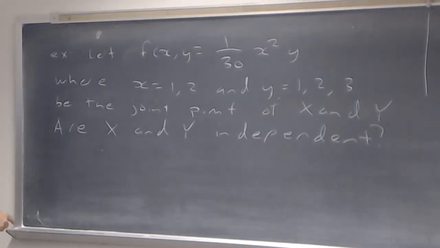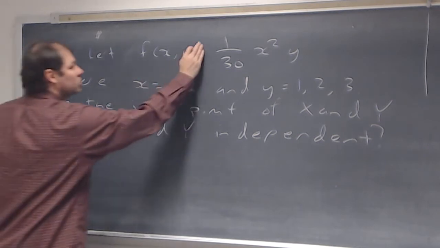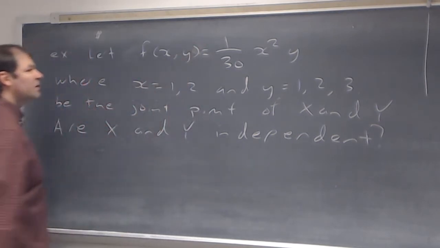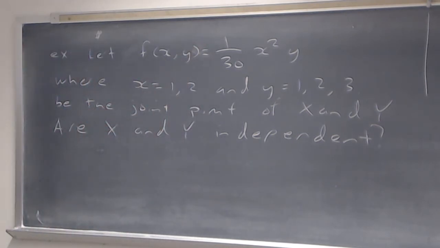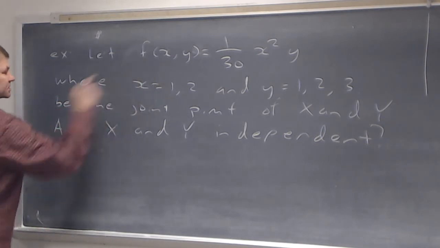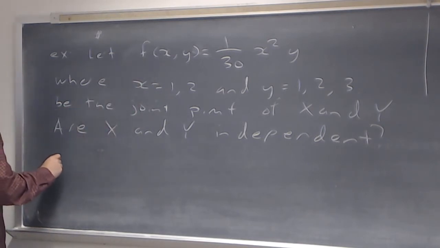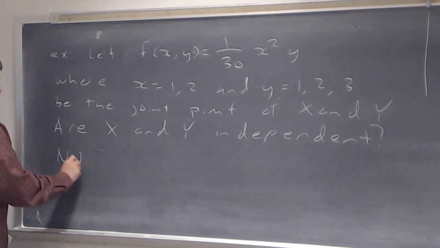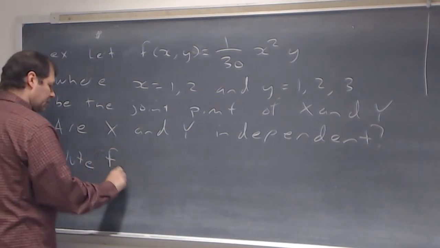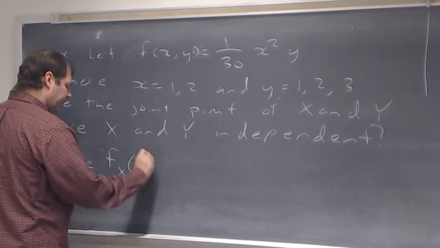Okay, so what I'm going to do is compute the probability mass function for x and for y and see if their product is equal to this joint PMF. So I'll start off with the PMF of x.